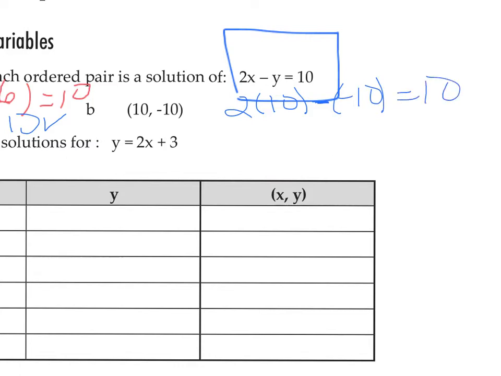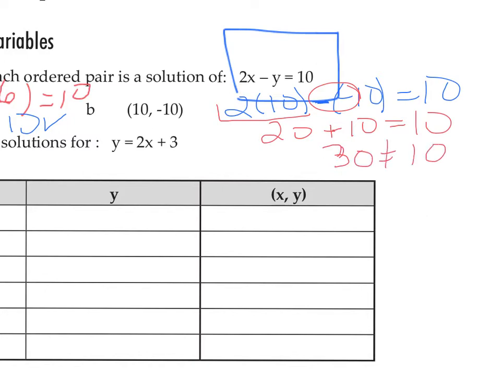And we're going to simplify. 2 times 10 is 20. Minus negative 10 turns to plus 10. This is not a true statement because 20 plus 10 is 30, and that is not equal to the 10 on the right-hand side. So is this ordered pair a solution? No, it is not, because they don't make a true statement when simplified.